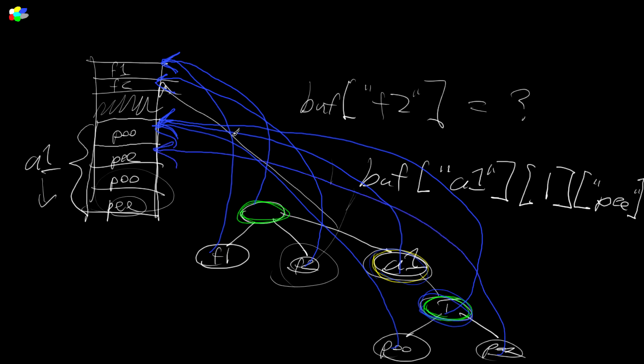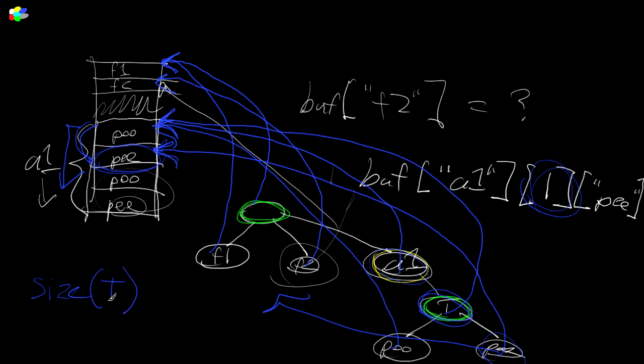So if we just use the offset of p directly, it's always going to access this one. But we want to take into account this index number. So we have to add an extra array indexing offset. We get the offset from p here, and then we add to it the array indexing offset, which is going to be size of the structure T times the actual index number, which is going to be 1.